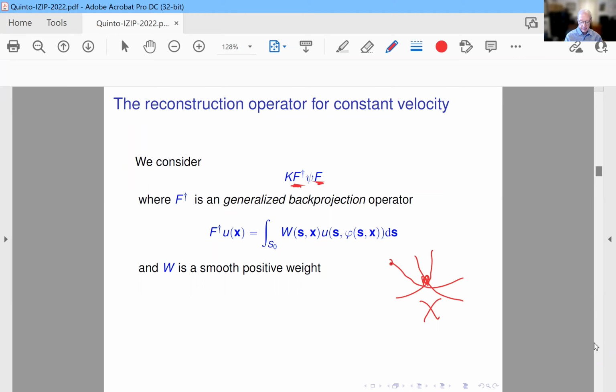And so that's what the u of s, we integrate over parameters s. Phi of s, x describes the isochrone that goes through x and is parameterized by s. So we integrate over all isochrones through x. And w is a weight. It could be the weight required for the adjoint, the L2 adjoint, or it could be another smooth function. We want to make it arbitrary, for a reason we'll make clear soon.